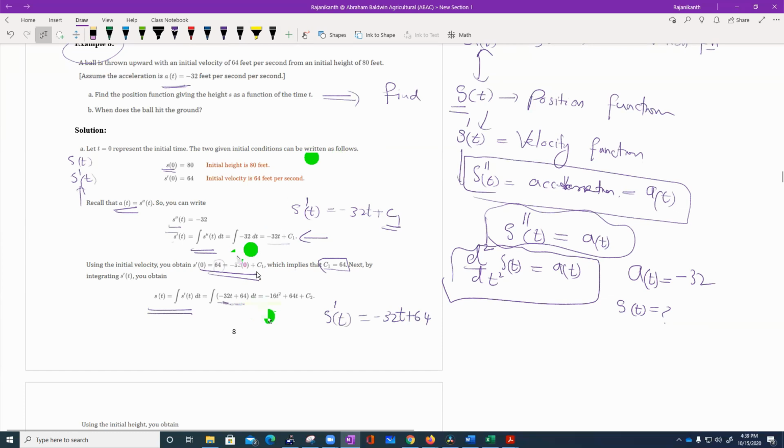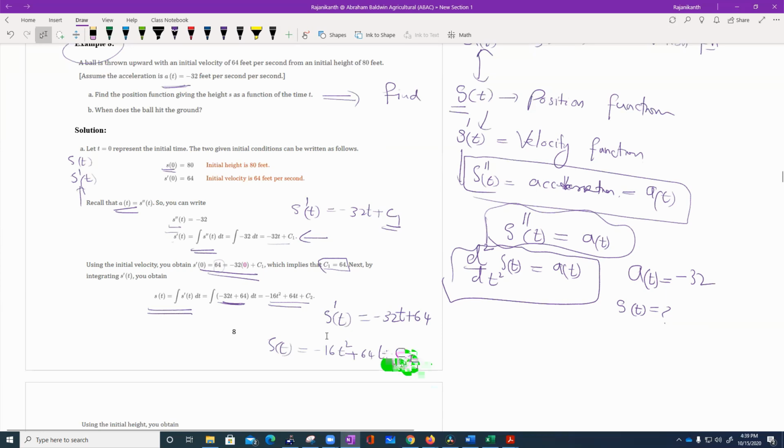So you know all the properties now. Split into two. So find the antiderivative of negative 32t, t squared over 2, and simplify, which is negative 16t squared. Then the antiderivative of the constant is that constant times the variable t plus another constant c2, right? So this is my position function answer. So my s(t) position function is negative 16t squared plus 64t plus another arbitrary constant.